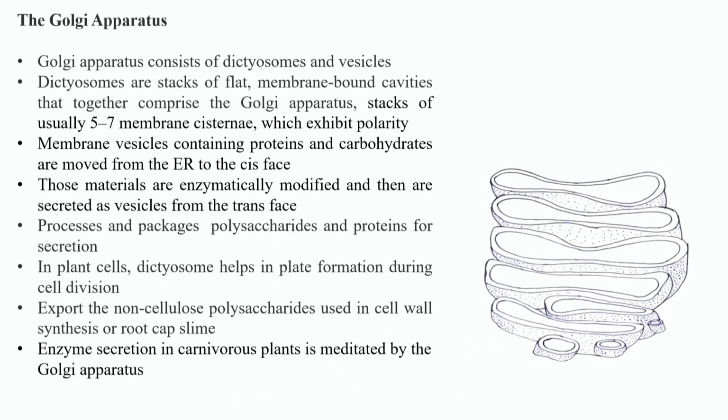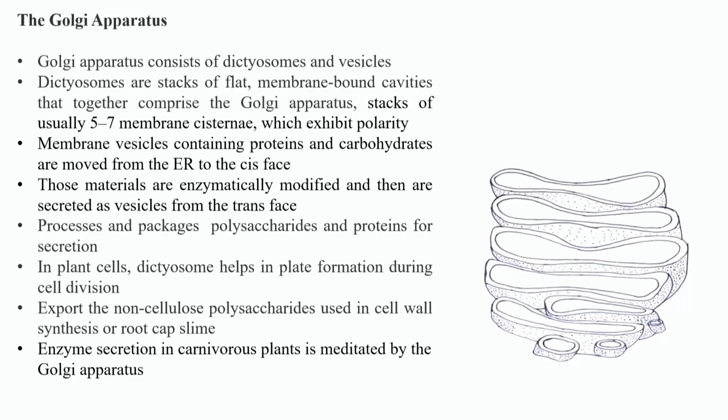The next important organelle is the Golgi apparatus. Golgi apparatus consists of dictyosomes and vesicles. Basically, they are stacks of flat membrane-bound cavities. In animals, this Golgi apparatus is simpler, and it is more complex in plant systems, where several groups of these stack-like membranous cavities are present, giving rise to a complete Golgi apparatus.